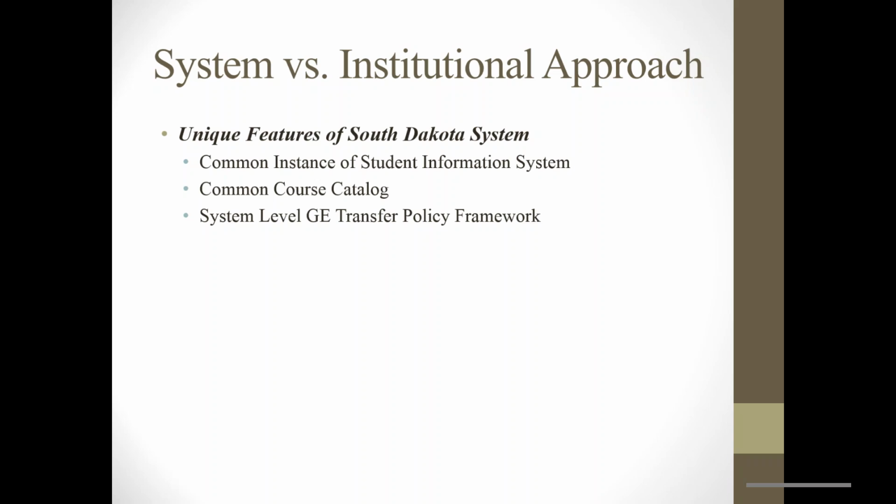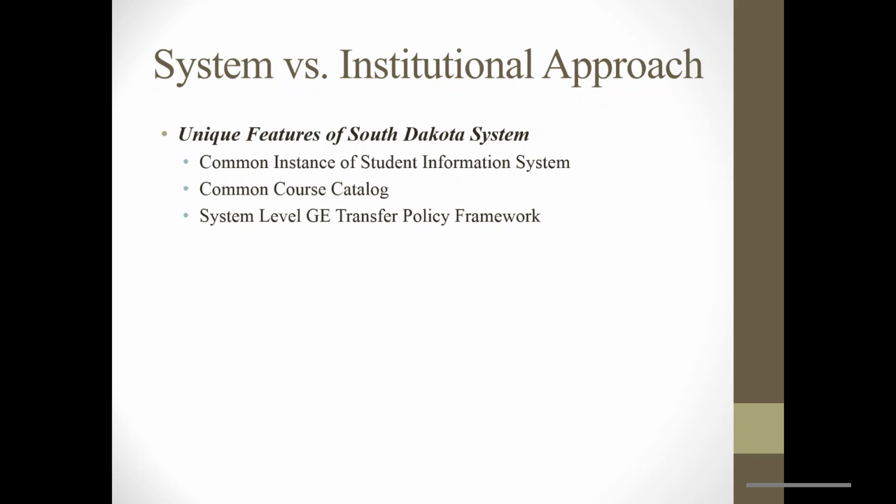So we have a common instance of a student information system. We use Colleague. And when I say common instance, it doesn't necessarily mean that each one of our institutions utilizes Colleague. It's that all of our students, all 36,000 that are served in the system at the 6 campuses, are all in the same environment collectively together.